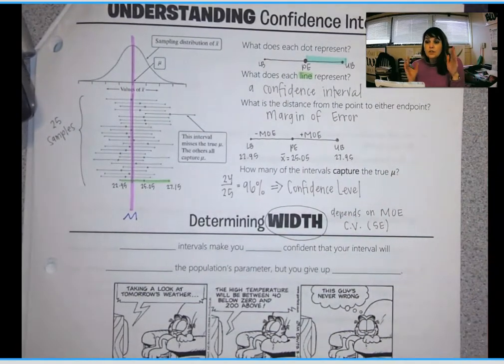So the width of your confidence interval depends on how confident you are and what the standard error of your sample is.